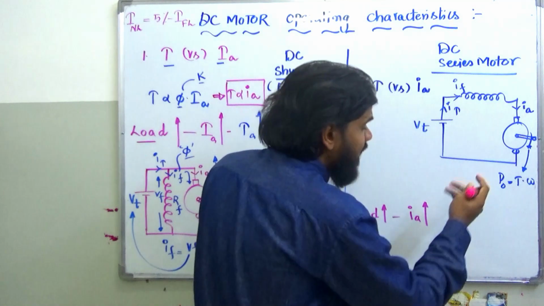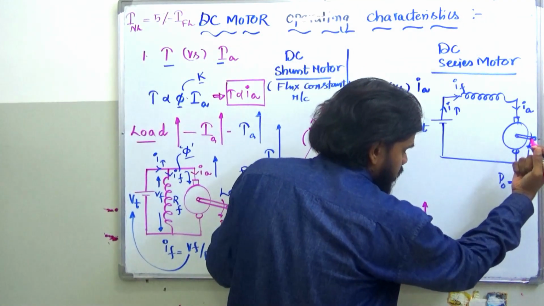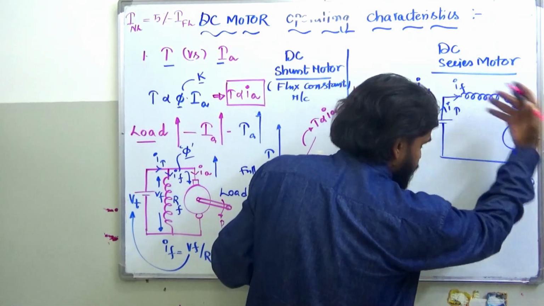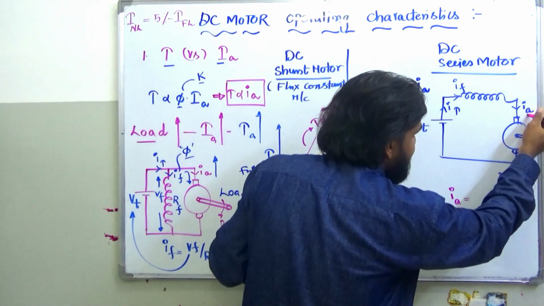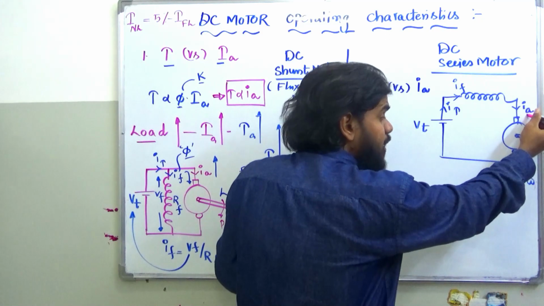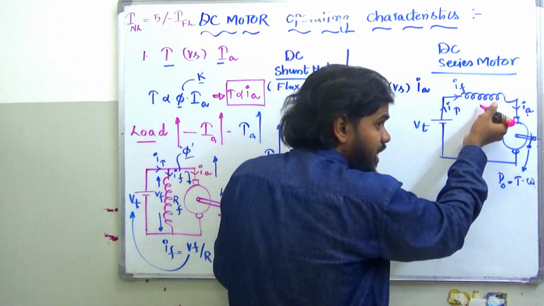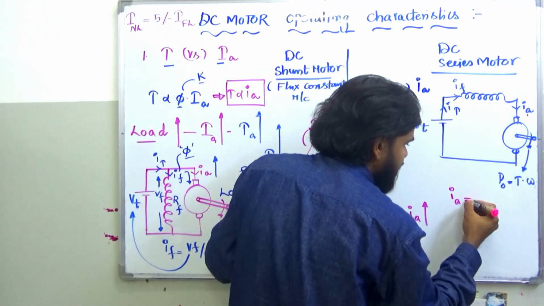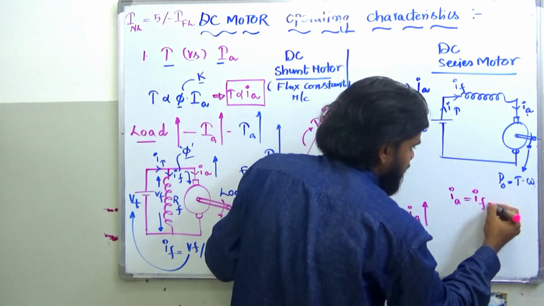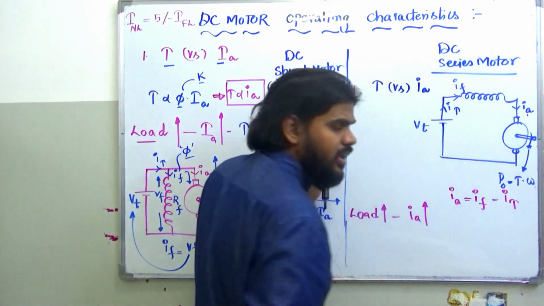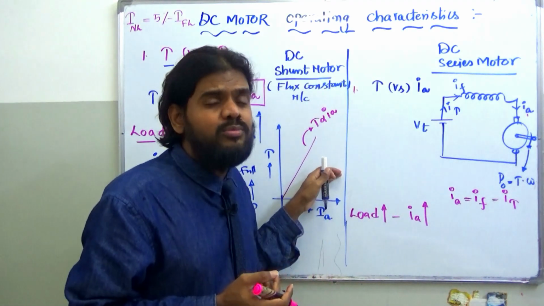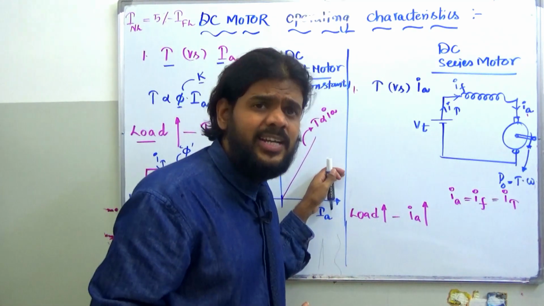The current drawn by the armature from the supply is Ia, and this Ia is the same current that is flowing through the field also. So I can take this equation as Ia equals If equals I total. It is the same current flowing through the entire circuit because it's a series connection.